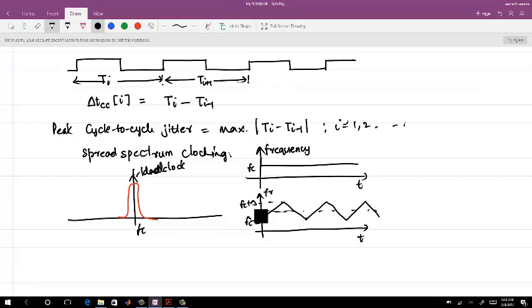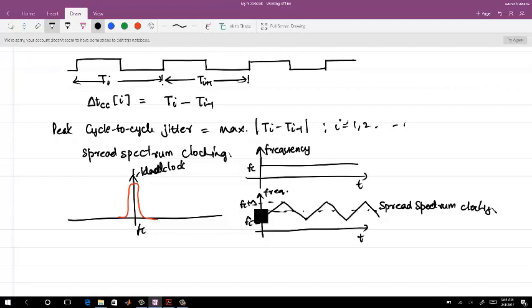This is also frequency, for spread spectrum clocking. This kind of clocking is used to reduce the power concentration in one tone, and it's used in CPUs at many places.